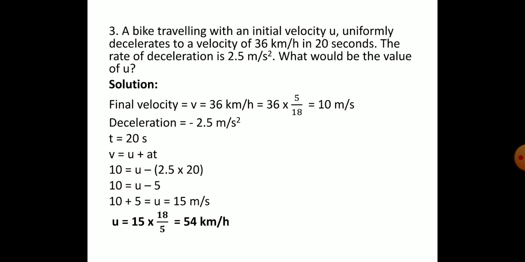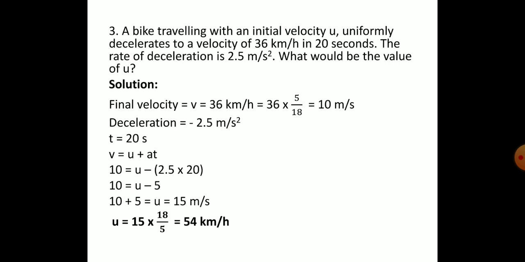Final velocity is given as 36 km per hour. So now converting that into meter per second, 36 into 5 by 18 will give me 10 meter per second. The deceleration they have given as 2.5, so I'll attach the negative sign, that is minus 2.5 meter per second square. Time taken is 20 seconds.